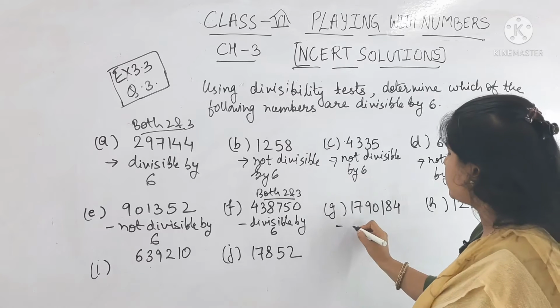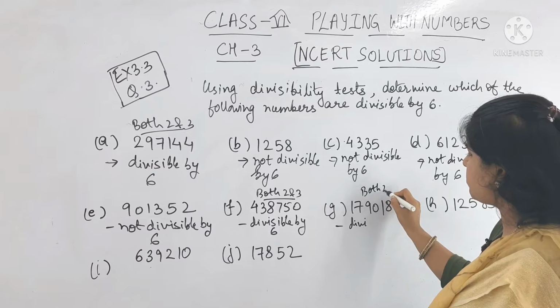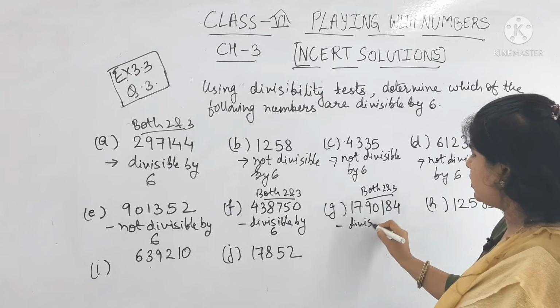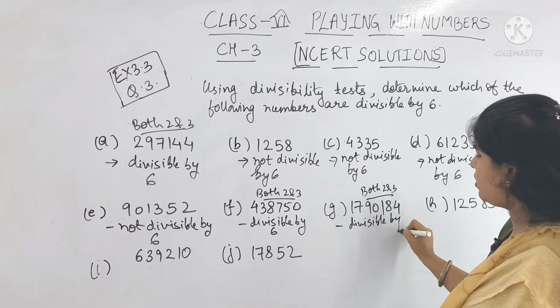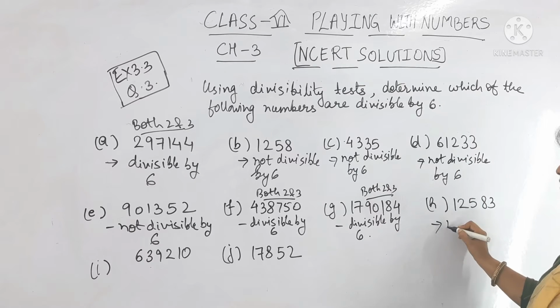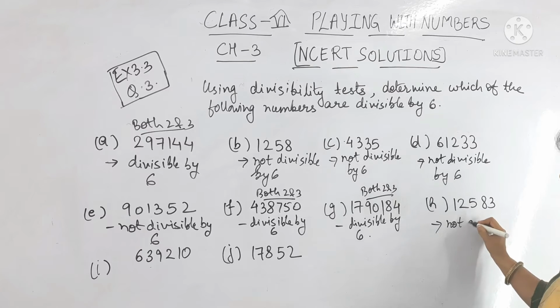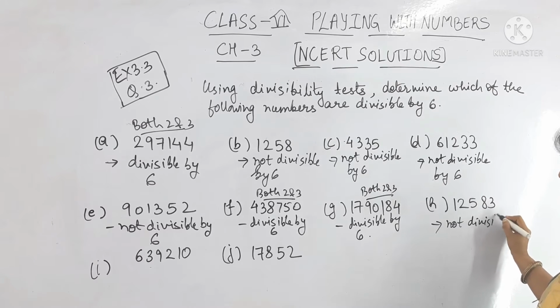So it is divisible by 6 because both 2 and 3 divide it. Here simply we can say not divisible because the last digit is an odd number.